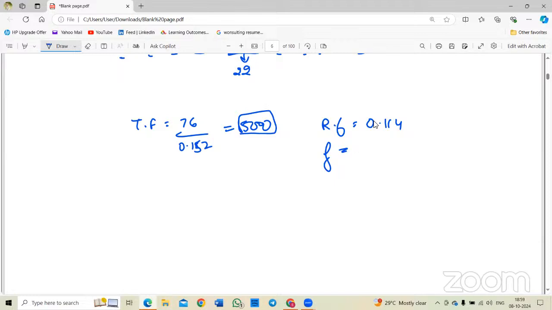X by 500 is equal to 0.114. 500 into 0.114, which will be equal to 57. So this will be the frequency. Got it? Yes, clear.